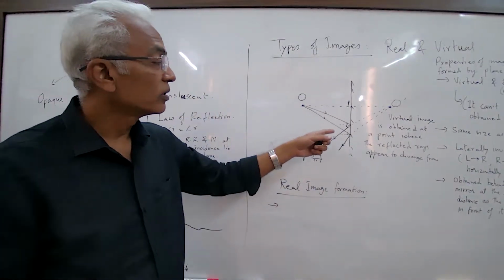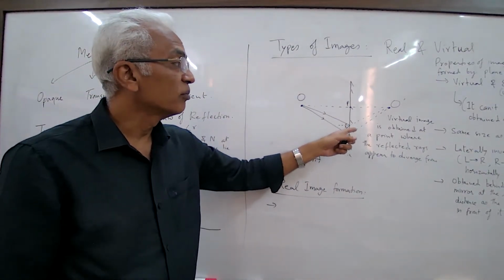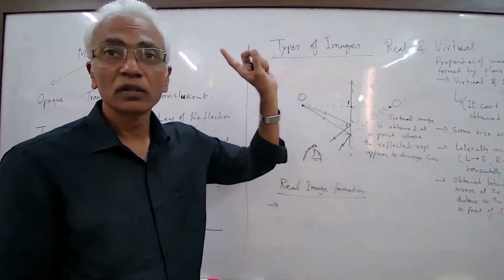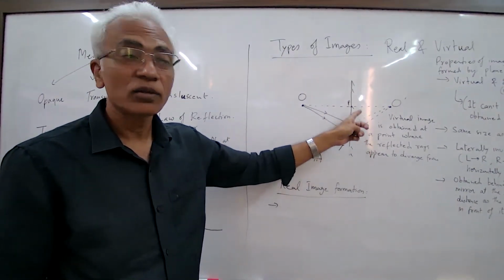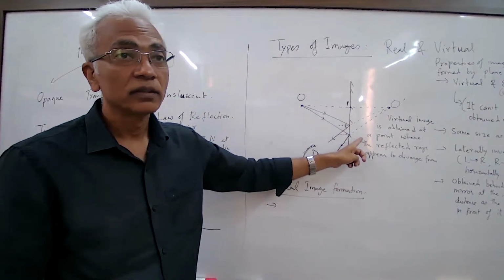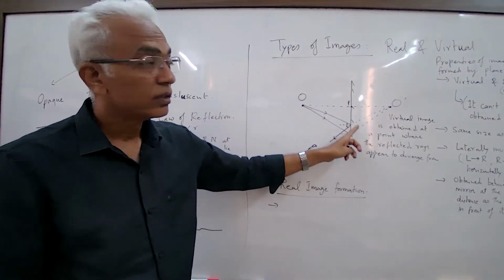Or where the reflected rays meet when extended backwards. Either way you can define. So these are imaginary lines. These are not actual lines. That's why we have shown them dotted. Okay? So you have to be careful.